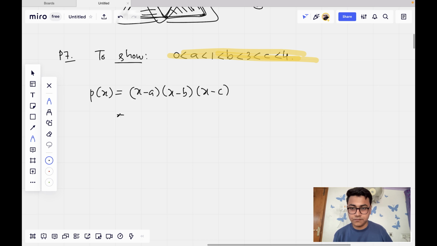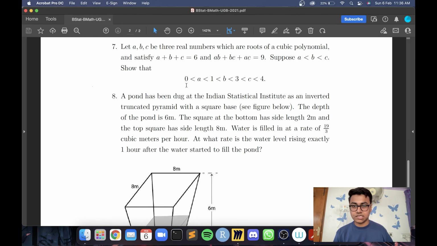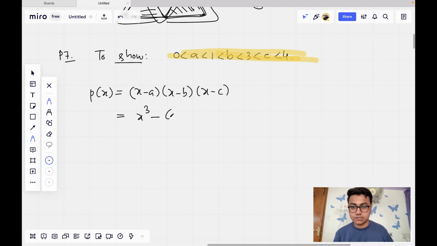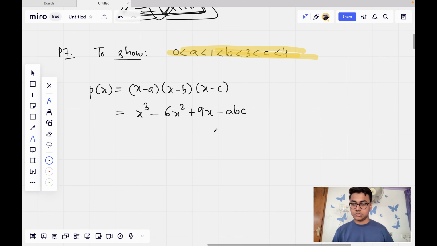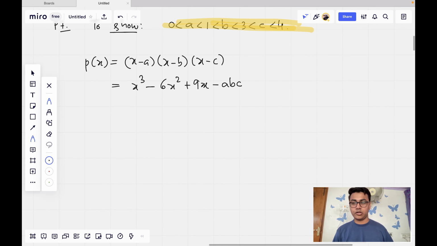In other words, if you expand this, this is just x cubed minus the sum of roots, which is 6, and the sum of products of roots taken 2 at a time is 9. So this is minus 6x squared plus 9x minus ABC. Okay, so this is the polynomial P of X.